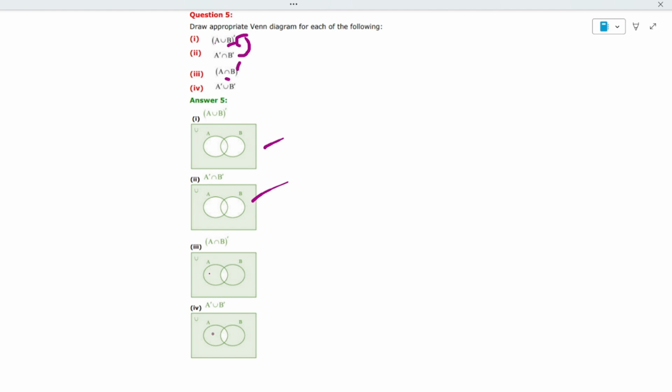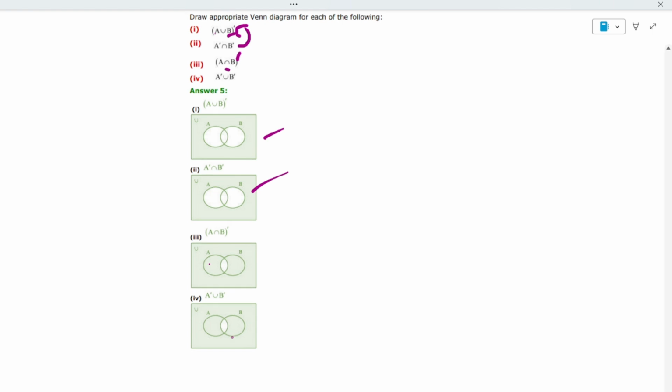Now, what is union? Union means you should consider everything. Here they have given A complement, so you should shade this part, and here you should shade this part also. But for the union, leave this common part. Except the common part, you have to shade all the parts.